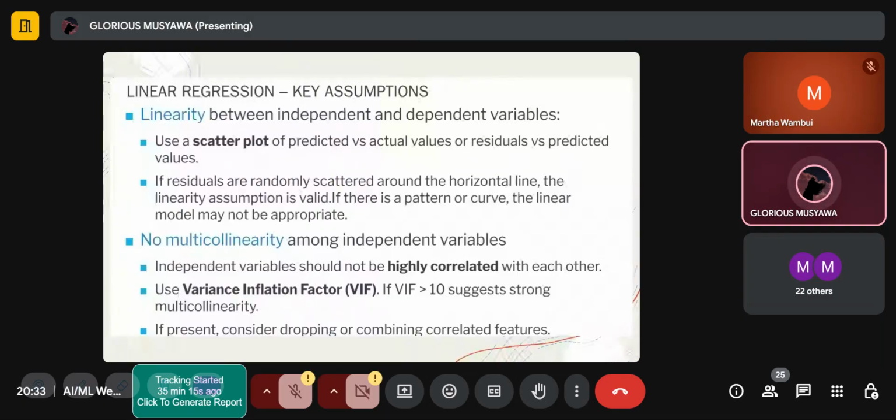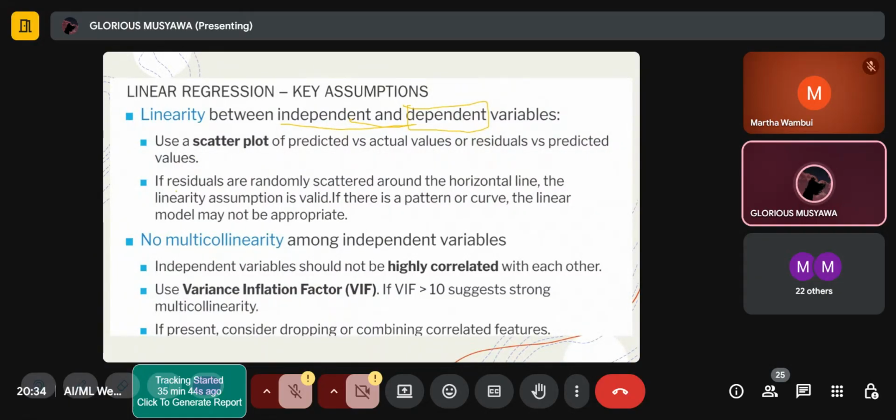Independent variables are the features. Dependent is the label, what we're predicting. So linear regression assumes a relationship between the features and the label. So it has the linearity component.